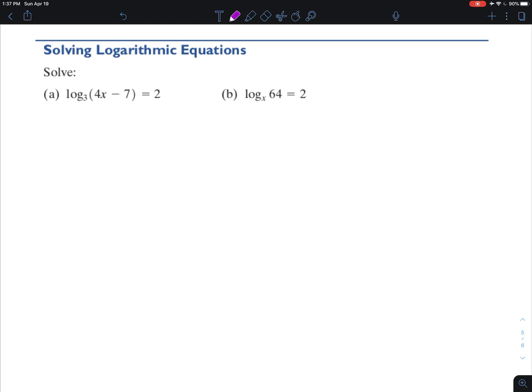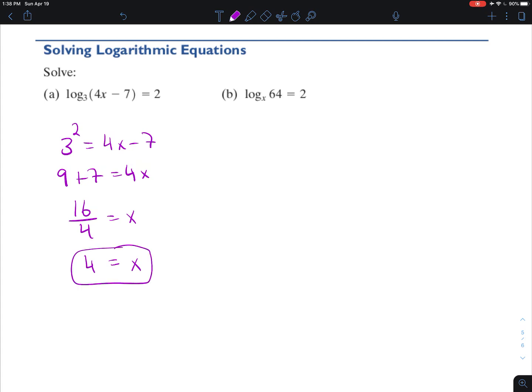So go from maybe logarithmic form to exponential. So that's going to be 3 squared equals 4x minus 7. So 9, add the 7, equals 4x. So that's 16, and I divide it by the 4 equals x. So x looks like it equals 4 there.